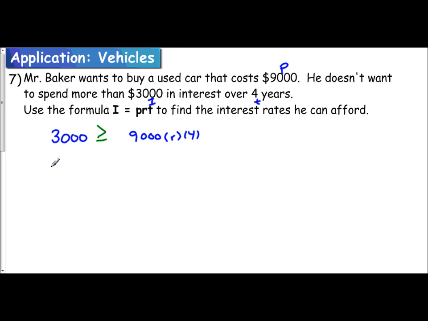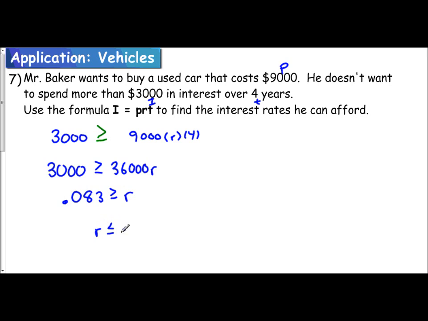So when I simplify the right-hand side, I get 3,000 is greater than or equal to 36,000 R. And when I divide both sides by 36,000, since it's a rate, I'm going to view the decimal. 0.083 is greater than or equal to R. Flip the R to the other side.